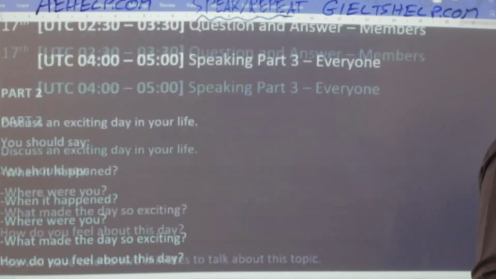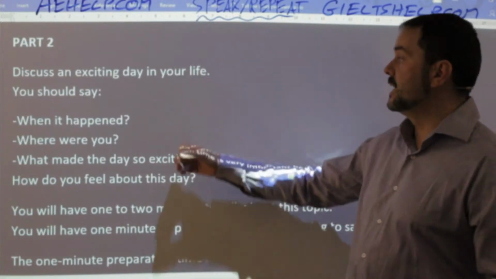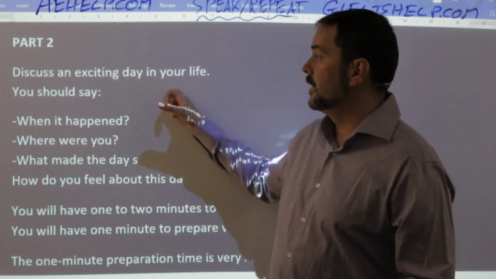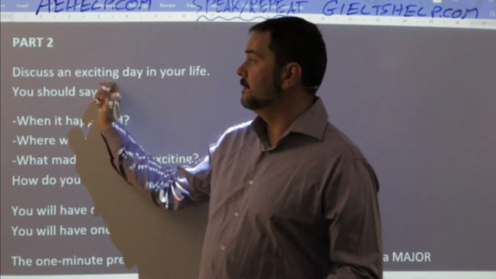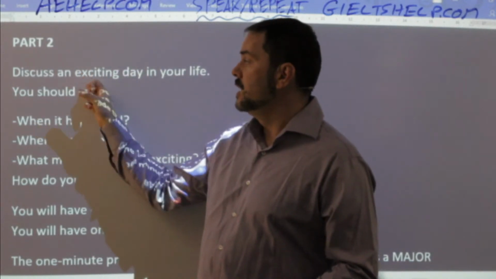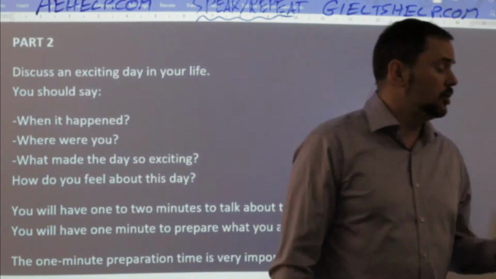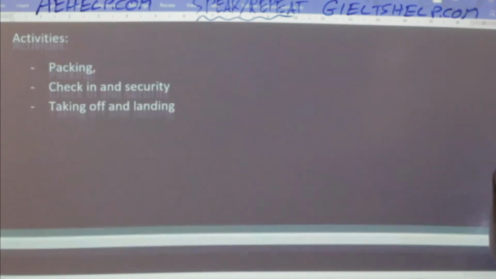So the question here is discuss an exciting day in your life. Here, right away, I recommend not paraphrasing the topic words, but going directly for the topic words. You can paraphrase after, but show the examiner right away that you're not missing the point, okay?